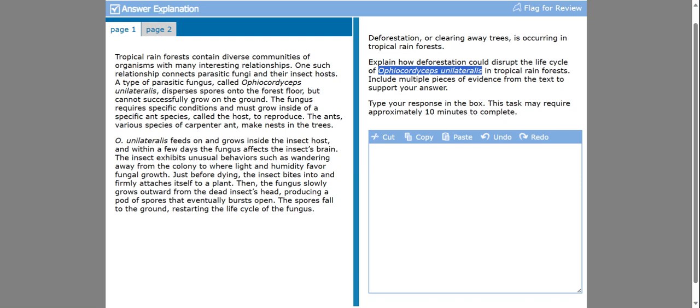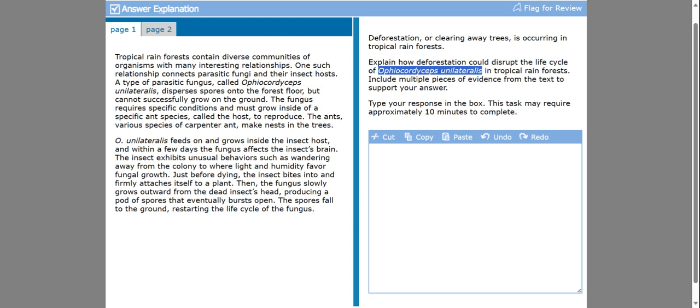Now we can go ahead and sound it out, right, writers? I might say O, and then I know PH has an F sound, Ophio, Ophiocord, Ophiocordyceps. Perhaps that could be how to say this. And I see uni, like universe, and then I see lateral, so unilateralis.